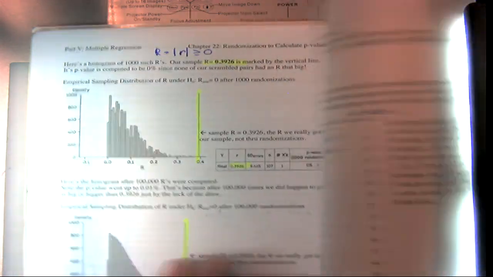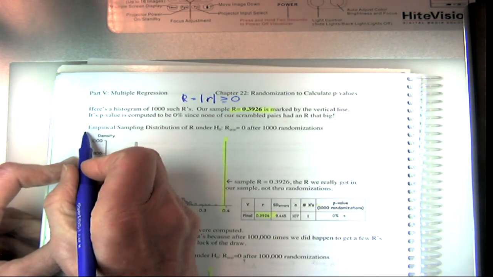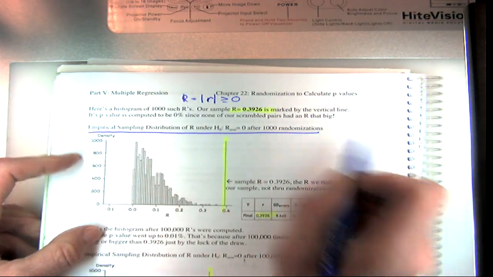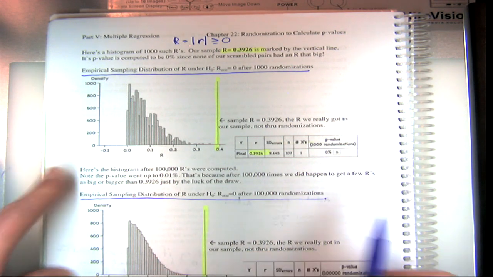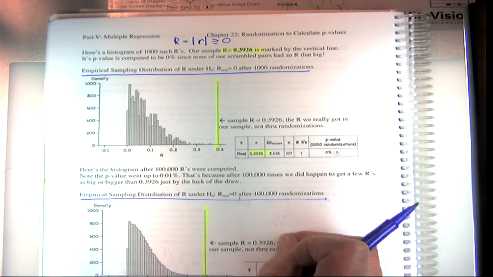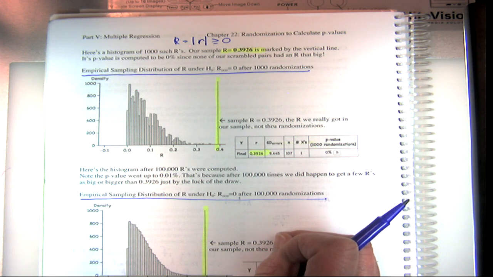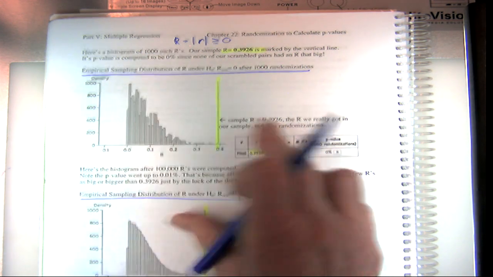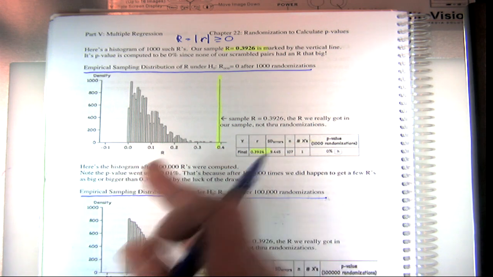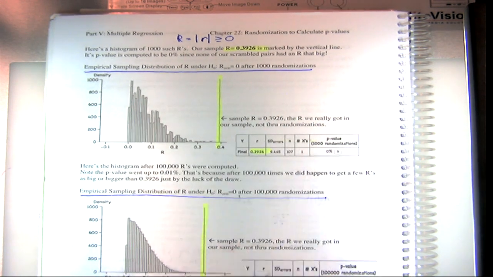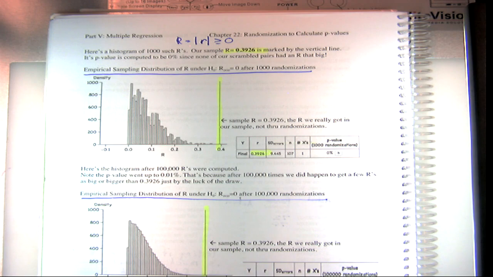Instead of a sampling distribution based on assumptions about what we know about distributions, it's an empirical one, based on experimentation and simulations. It's easy to do. It's so much fun. Okay? All right, so that's that.